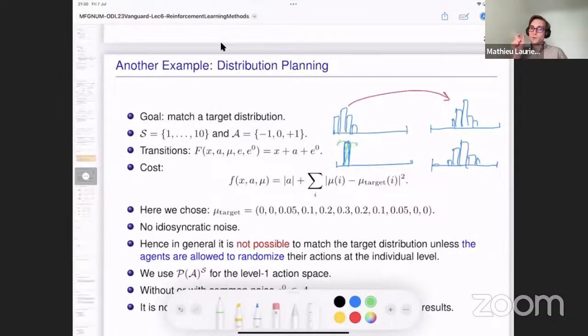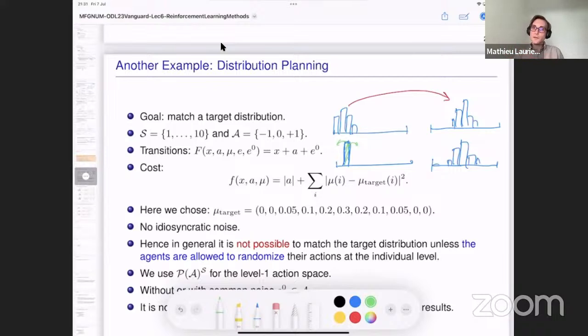And if they all do that, I will always have a mass of one moving to the left or to the right. So if there is noise, it may help, but here I will consider the case without noise in the dynamics. And in this case, the only way you can match any initial distribution to this terminal distribution is by allowing the agents to randomize their actions, right? So here, randomization of actions at the agent level is really necessary. So that's also for this and also for mean-field games, as I'm going to discuss next.